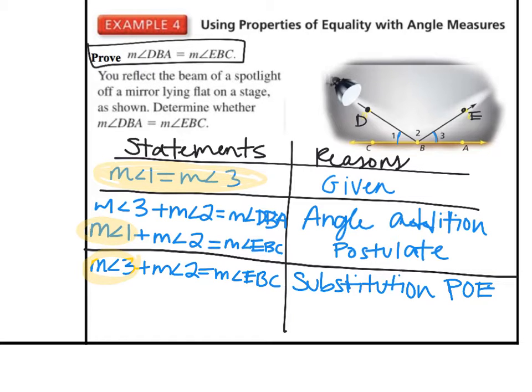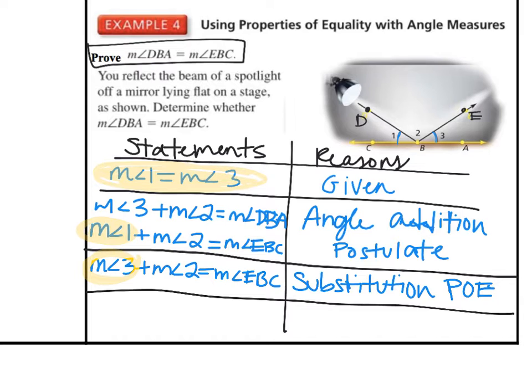Look at the proof and see, can we say now that DBA is equal to EBC? Okay, could someone explain to me why I am allowed to say they're equal now? Brennan?